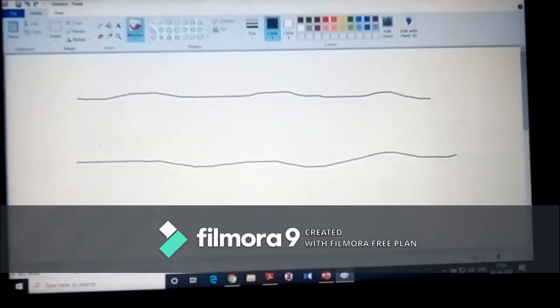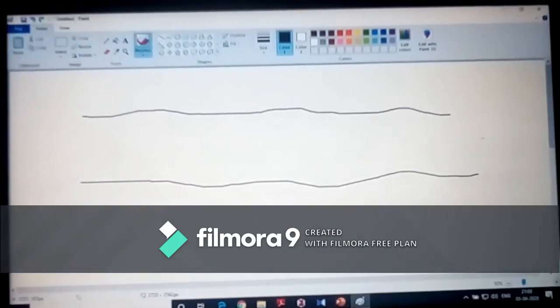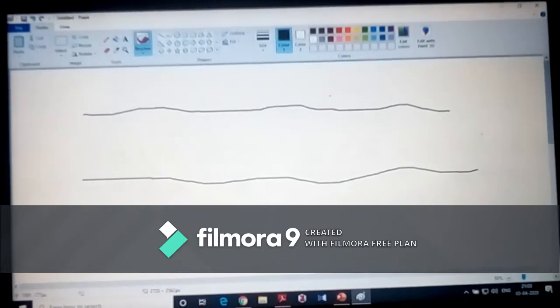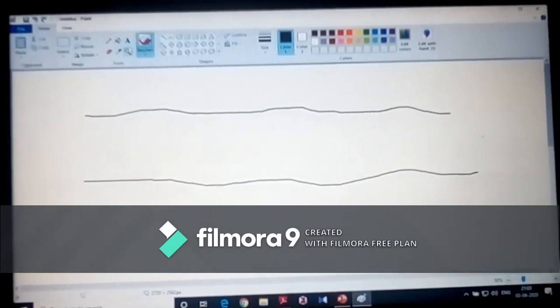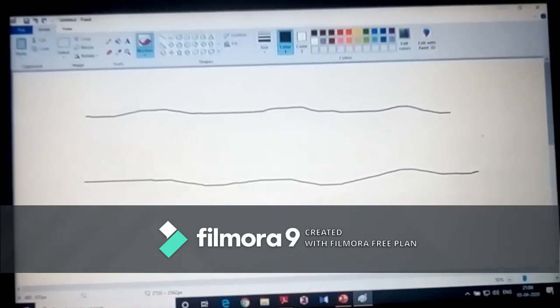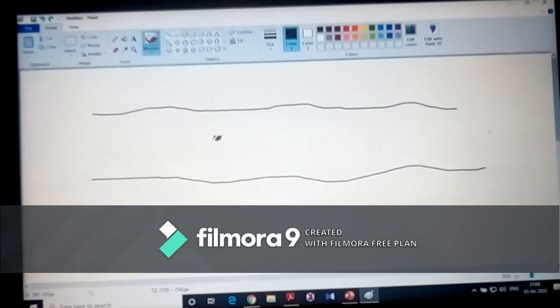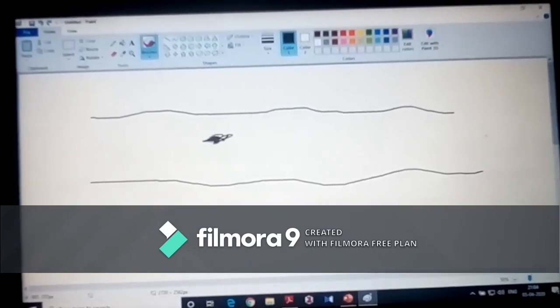When it is not followed, suppose this is a river course, and these two lines indicate the two banks of a river. Now in the channel of the river, we know that numerous bars are deposited.